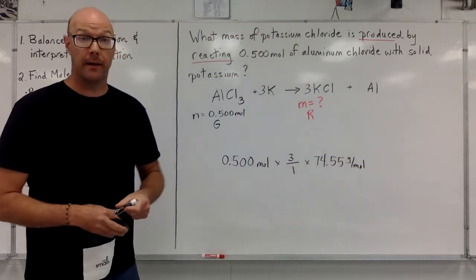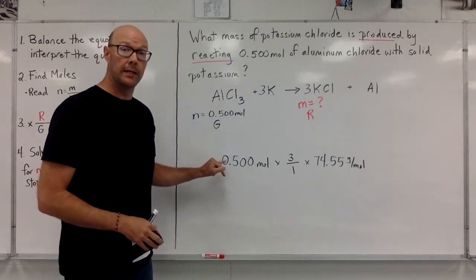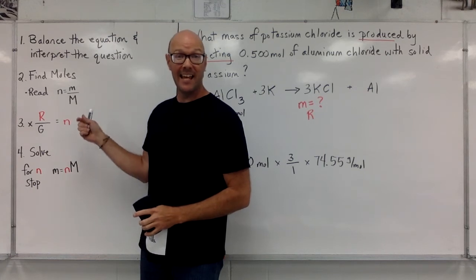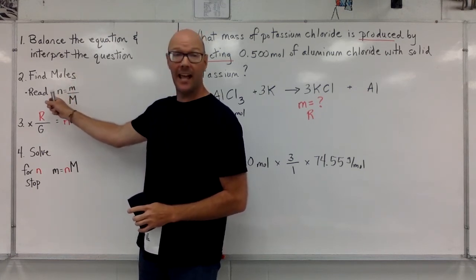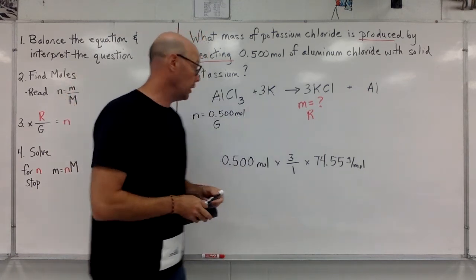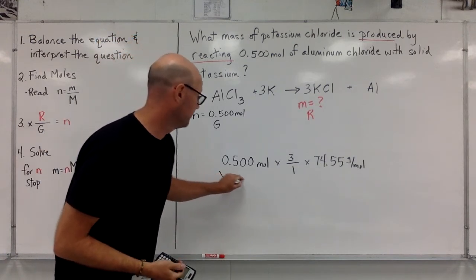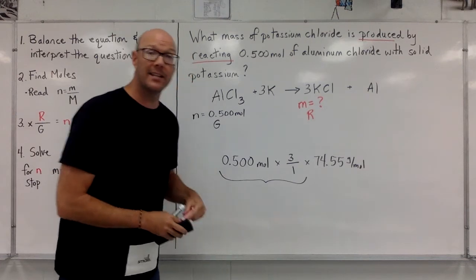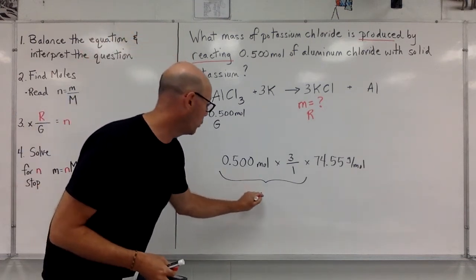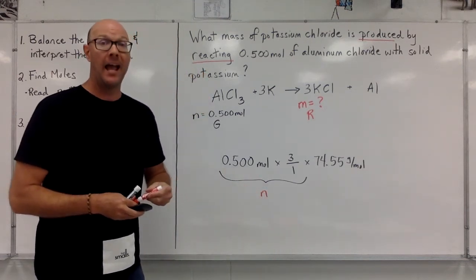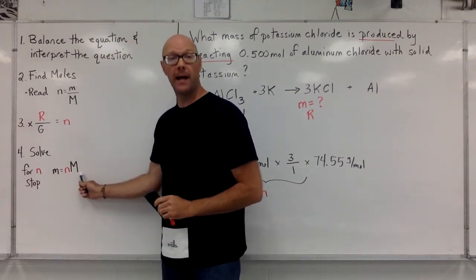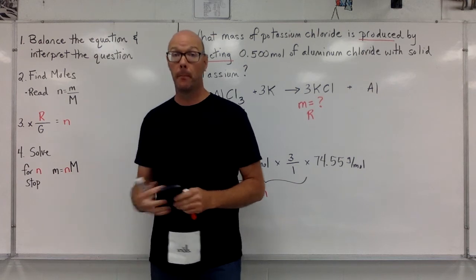Let's say all of this again. We found the moles by reading. We multiplied by R over G. That takes the black N and turns it into a red one. So all of this right here, all of that right there represents what I'm going to call red N. And red N multiplied by the molar mass is going to give me the mass.